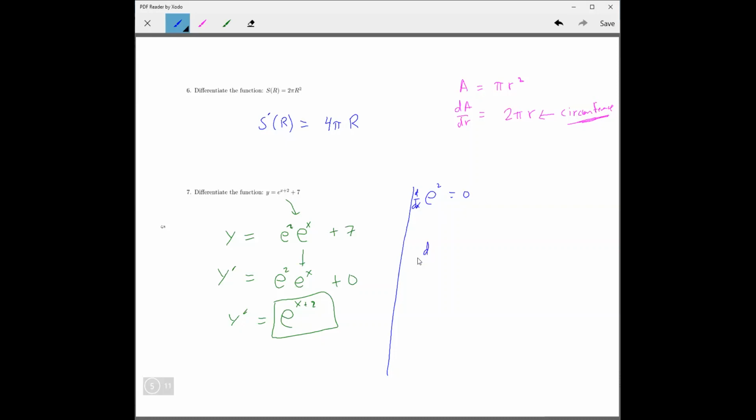So if you have some function f of x up here, then the derivative is actually going to be e to the f of x times the derivative of the function up here. This is by the chain rule. So when we get into how to handle compositions of functions, this is what happens. So in this case, the derivative of this x plus 2 is just 1. So this part right here was just a 1 right there, which doesn't change it at all.